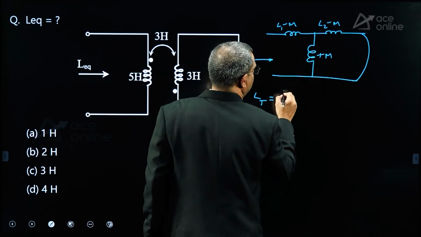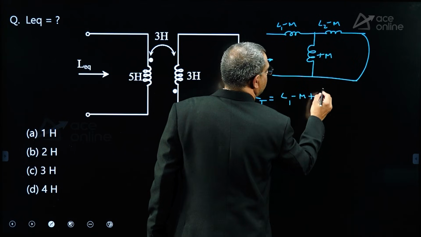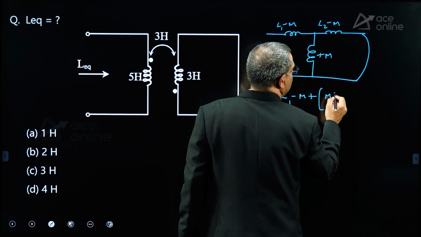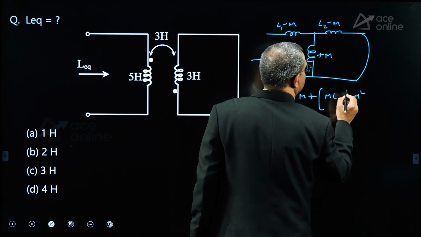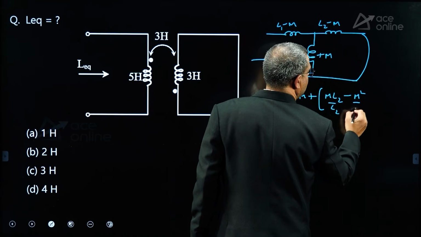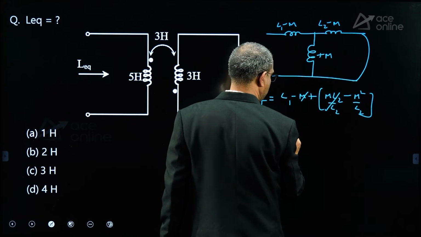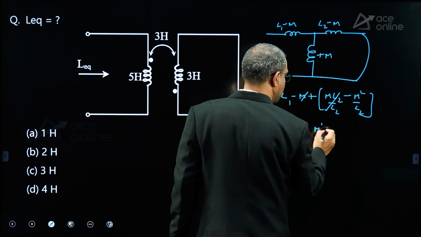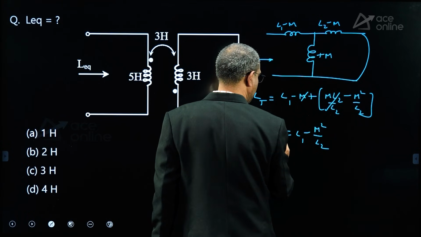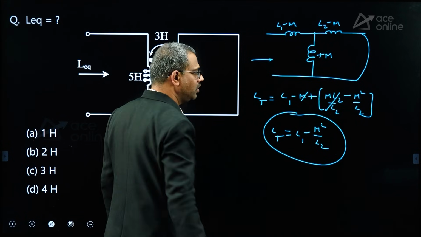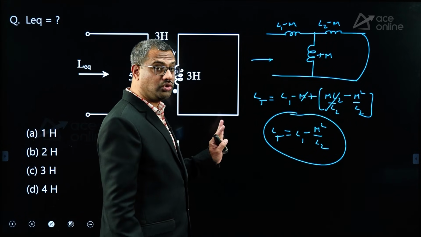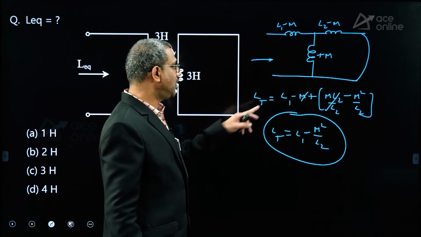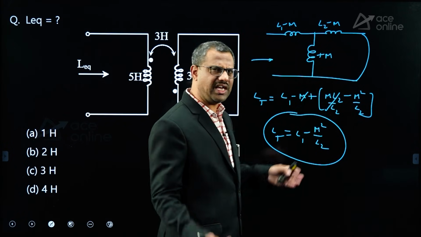L1 minus M plus these two in parallel, that is M and L2 minus M: M times (L2 minus M) by (M plus L2 minus M), which is L2. You remove this, so L total is L1 minus M square by L2. Now you take mutual adding also, mutual opposing also, the same answer will come. In mutual opposing, this is minus M, this is plus, and the same answer will come.